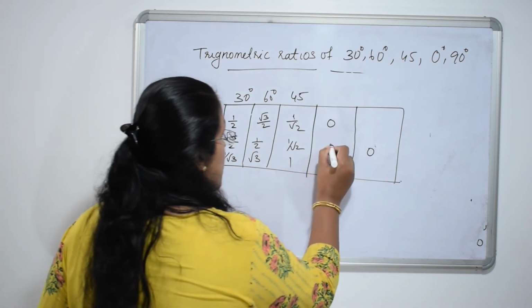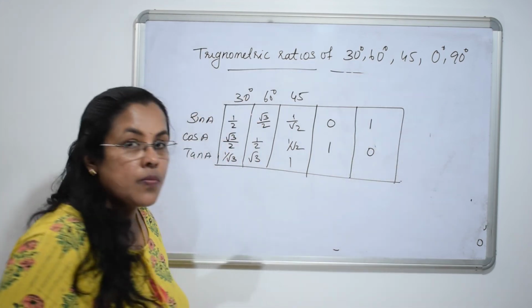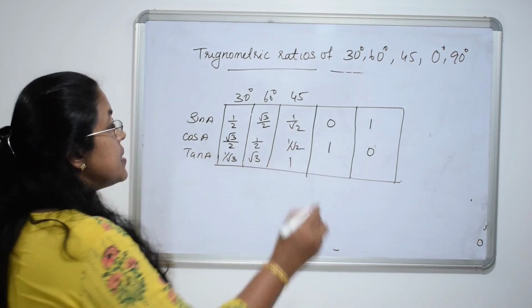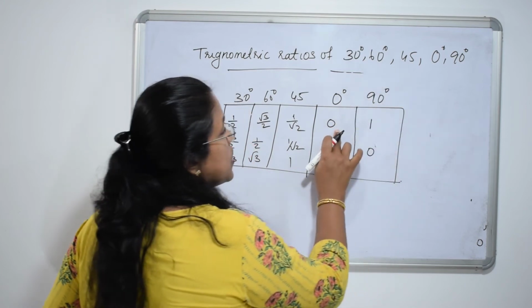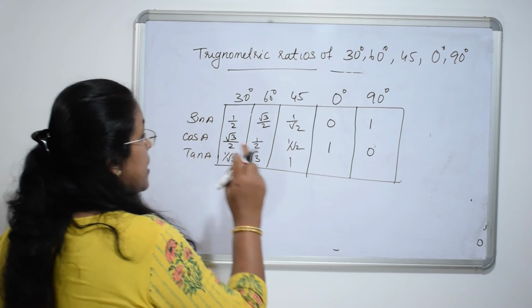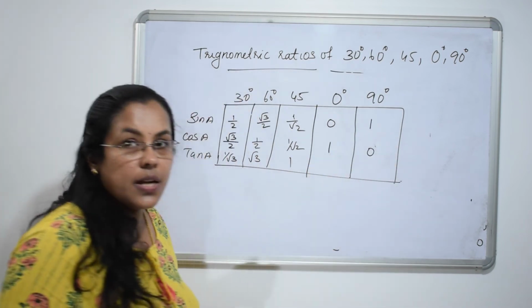Cos 0 is 1, which is the same as sin 90.